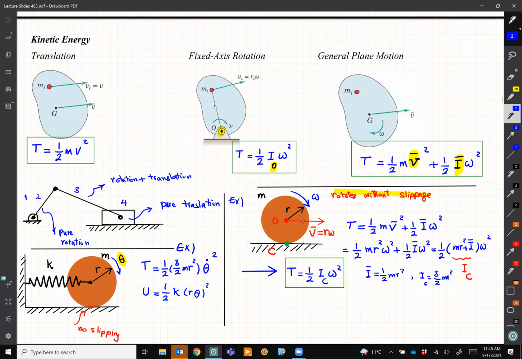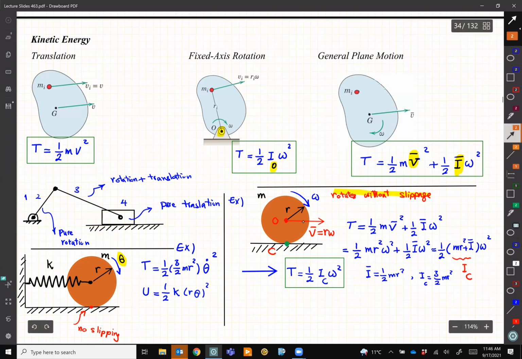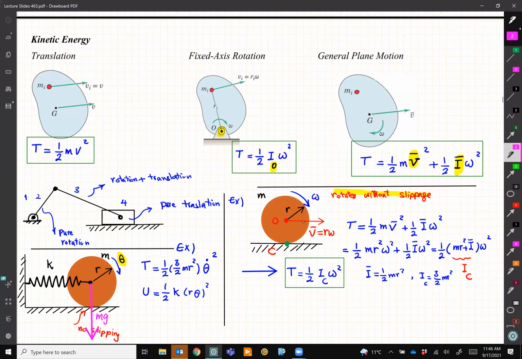You may ask, what about mass or potential energy? So remember we said we have, let me write down, mg. So remember we said potential energy, either a spring or mass, the gravitational potential energy.